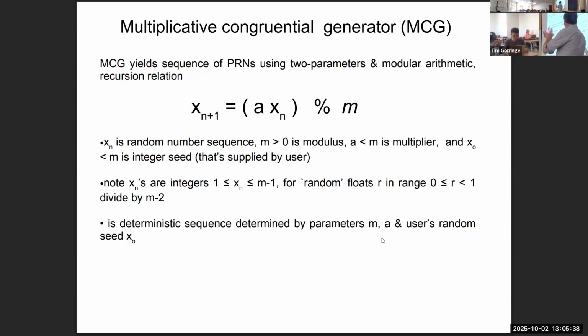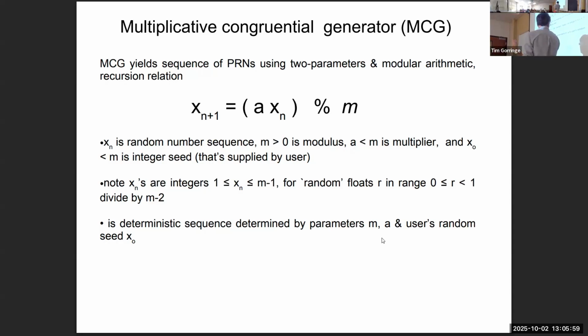Okay, so we can generate a known range of random numbers. And it's a deterministic sequence, right? There's nothing indeterministic about it. There's nothing probabilistic about it. Every random number is calculated from the prior random number.